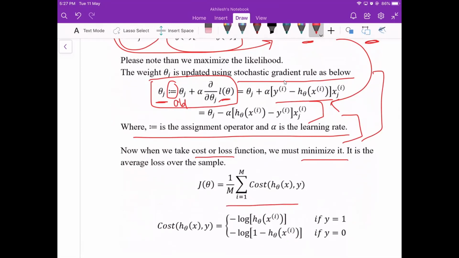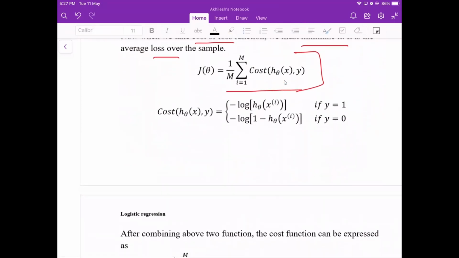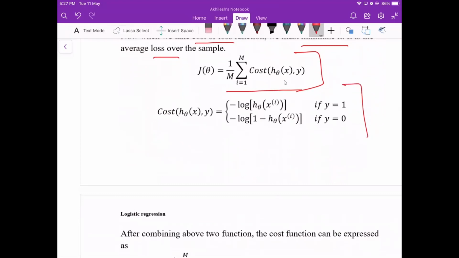So let's minimize the cost function, the average loss over the training instances, and define the loss function as we have already seen before. When y is equal to 1, then this, and when y is equal to 0, then you just put log 1 minus h. The important difference from the previous one is the minus sign.